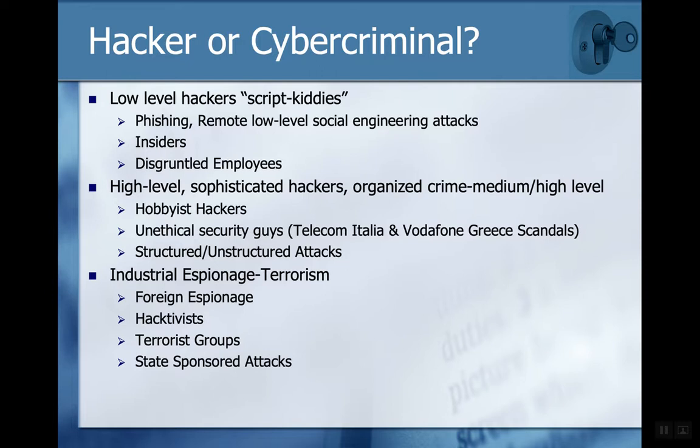More sophisticated, we're seeing sophisticated hackers, organized crime, an interesting kind of a world out here. Unethical security guys, basically people who've gone from white hat, which we refer to as the good guys, over to black hat or the gray hat, which is kind of what we refer to as being on the bad guy side.